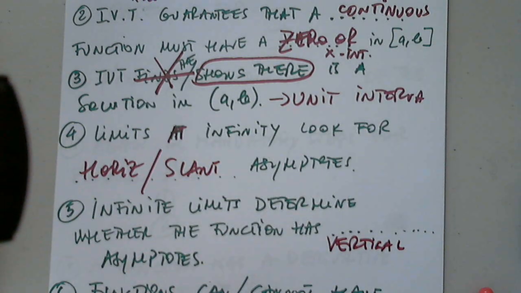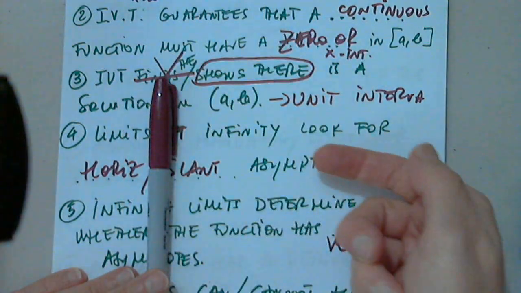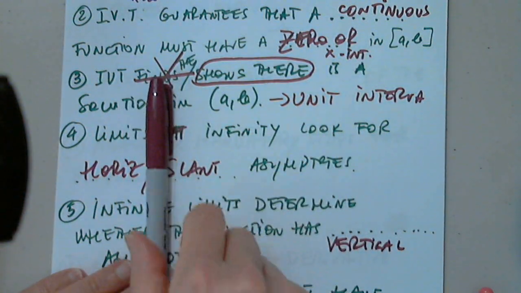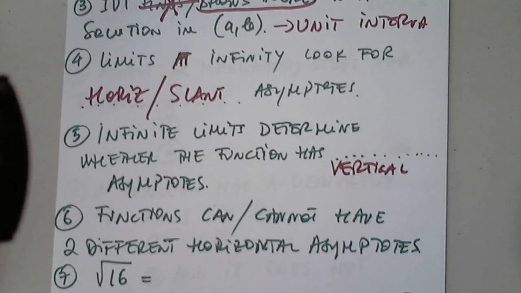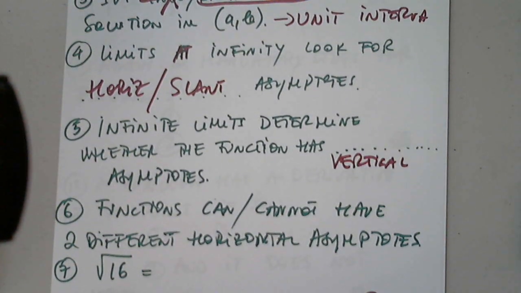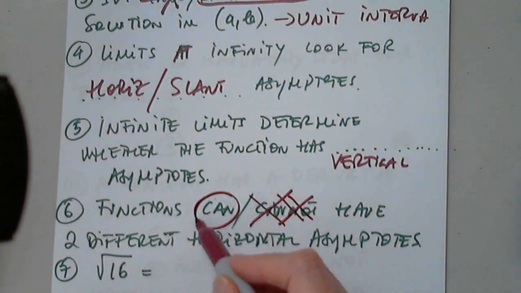So infinite limits, if the limit is infinity, it means that this is a vertical asymptote. Awesome. Can functions have two different horizontal asymptotes? Yes, absolutely, they can.